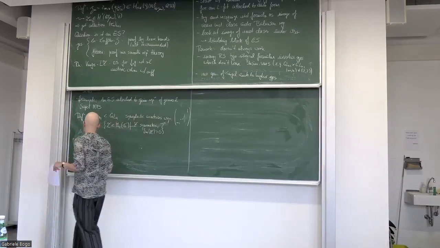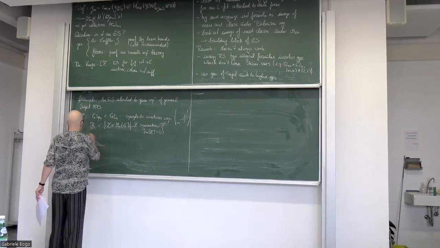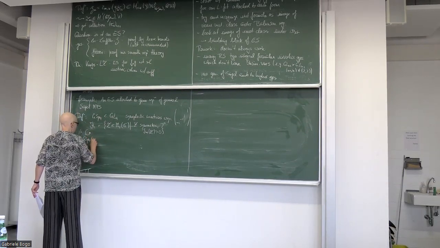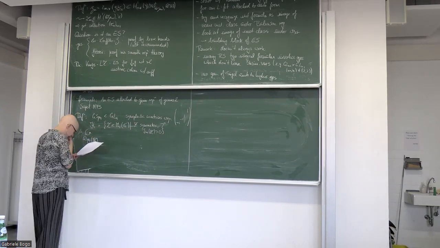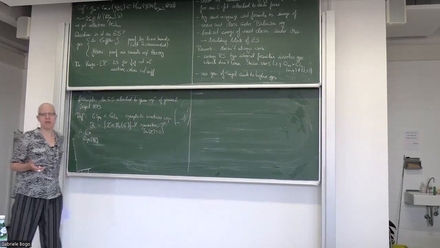This has an action of GSp4(R). And one can then define what a genus 2 Siegel modular form is.